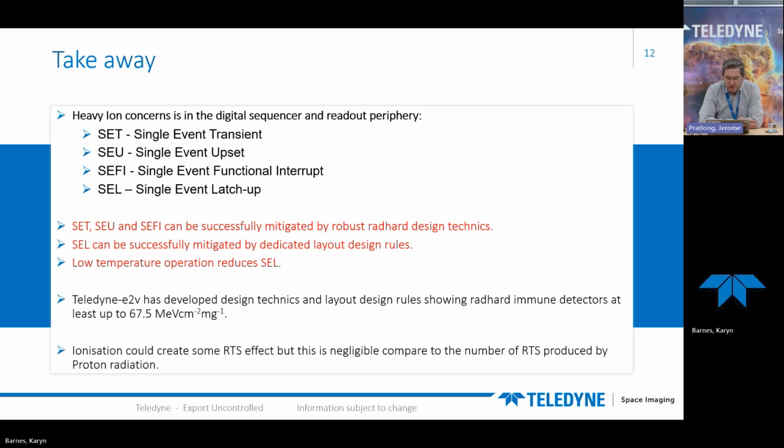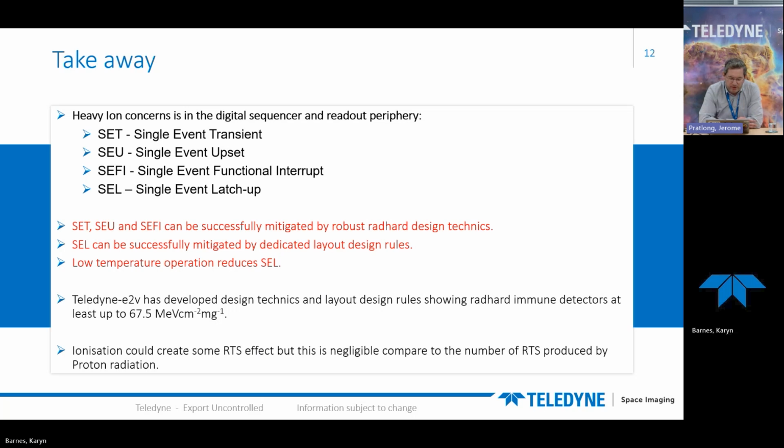We also measured that the occurrence of latch-up reduces at low temperature. Therefore, at Teledyne E2V, we have developed design techniques and layout design rules to mitigate these possibilities and have detectors fully rad-hard.